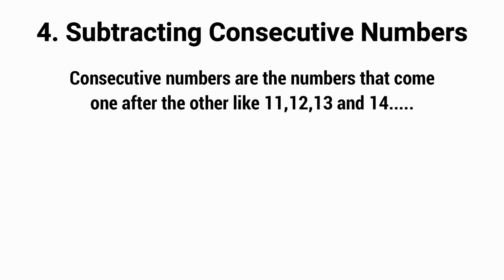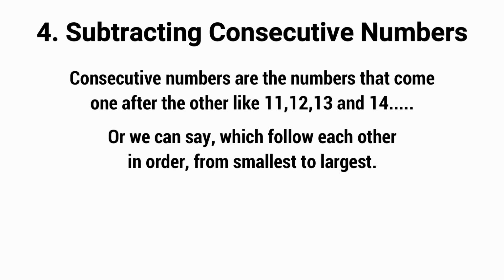All these are consecutive numbers, or we can say they follow each other in order from smallest to largest. Like 46 comes just after 45 and 34 comes just after 33. So all these numbers are consecutive numbers.